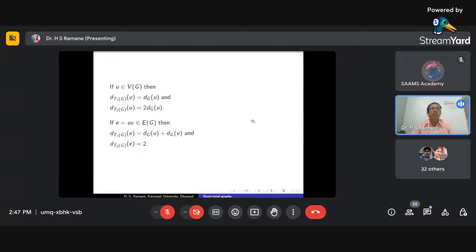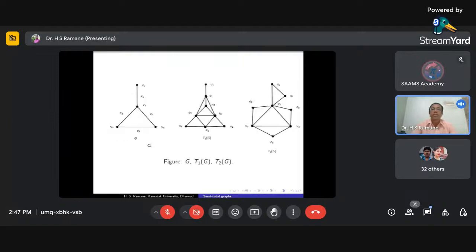And if the point is a line, the corresponding line with endpoints UV, then the degree of that point E in the semi-total line graph will be degree of U plus degree of V. And in the semi-total point graph, it is simply 2. See here, for example, consider this E2. The degree of E2 will be degree of V2 plus degree of V3, that is 3 plus 2, 5.